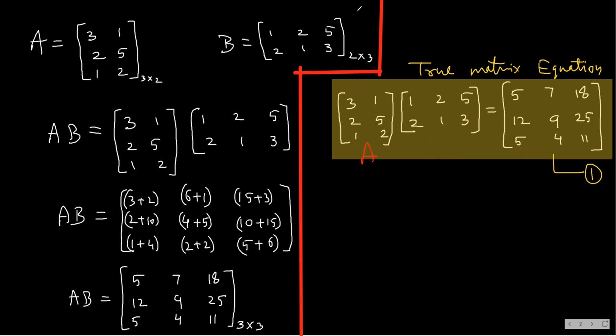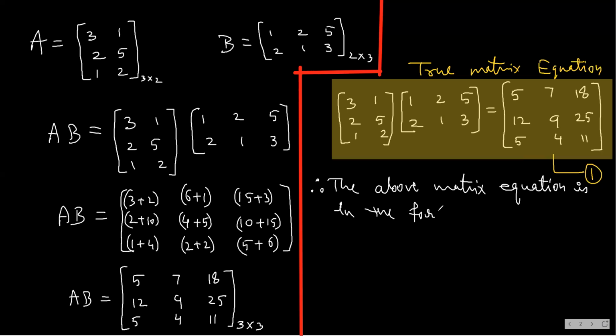So I can say the above matrix equation is in the form AB equals to C. Now starts the idea of transformation.